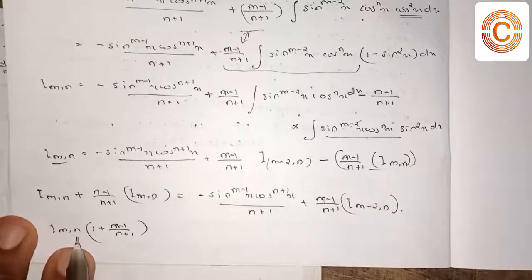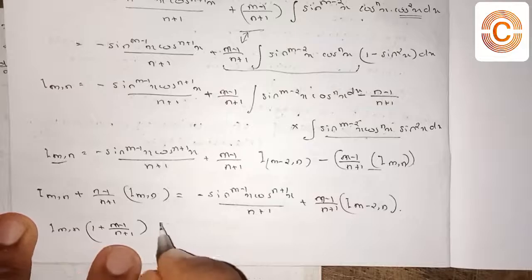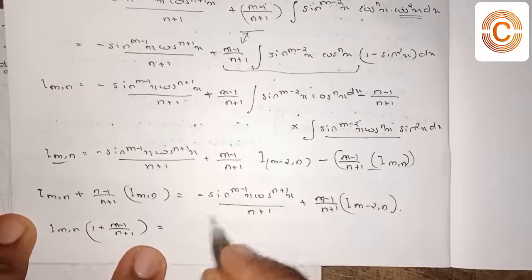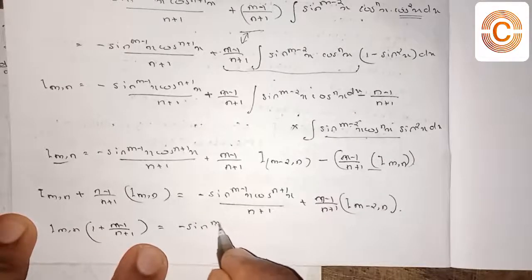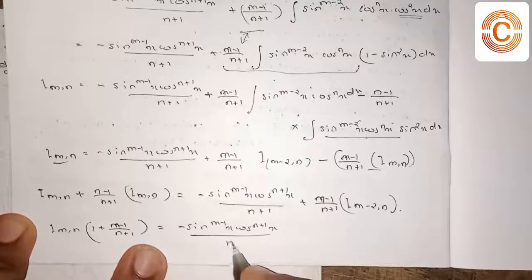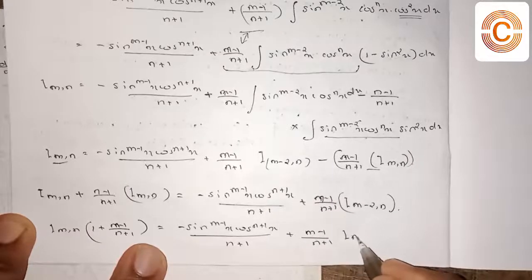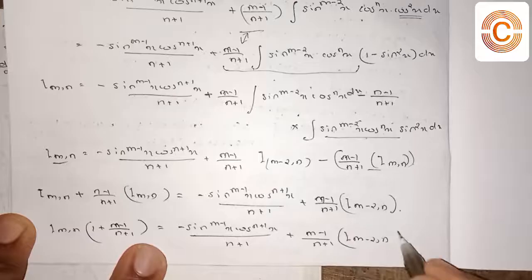Then I m,n into 1 plus (m minus 1) divided by (n plus 1) here, which is equal to minus sin^(m minus 1) x cos^(n plus 1) x divided by (n plus 1) plus (m minus 1) divided by (n plus 1) into I (m minus 2),n here.